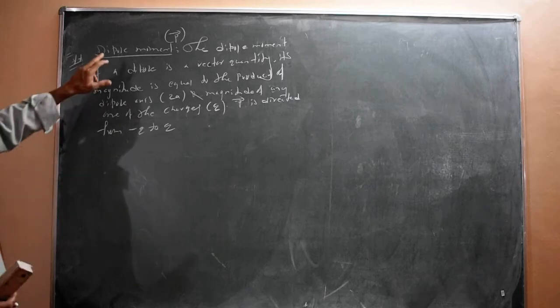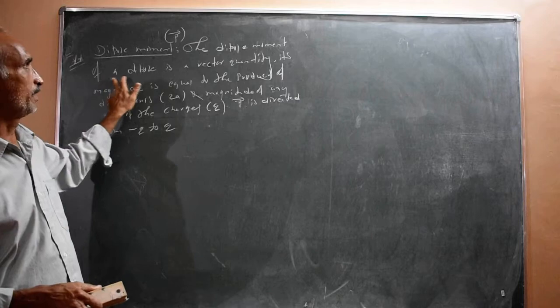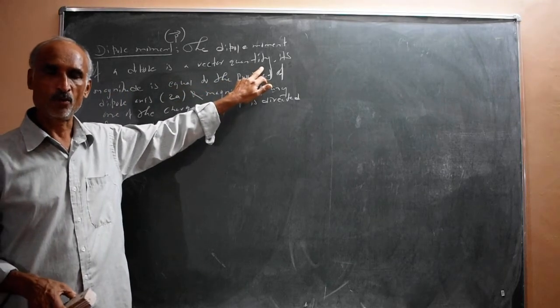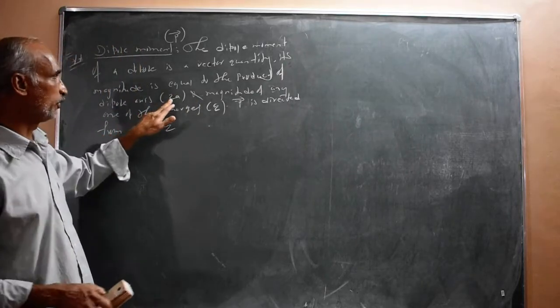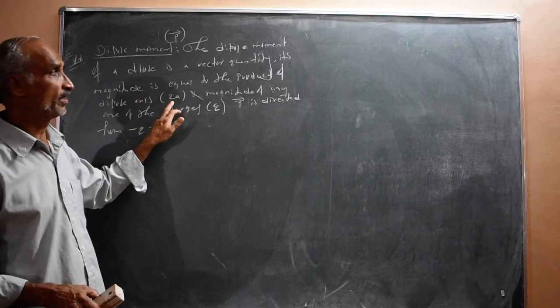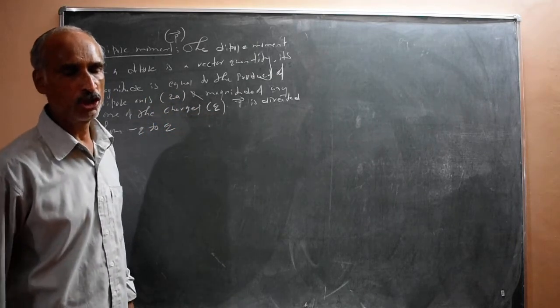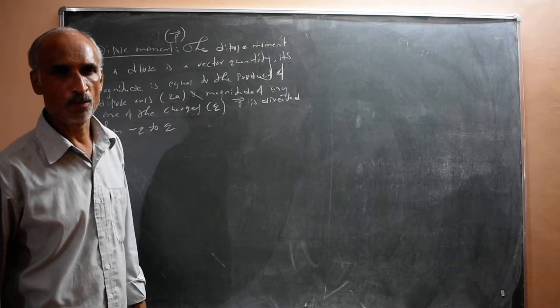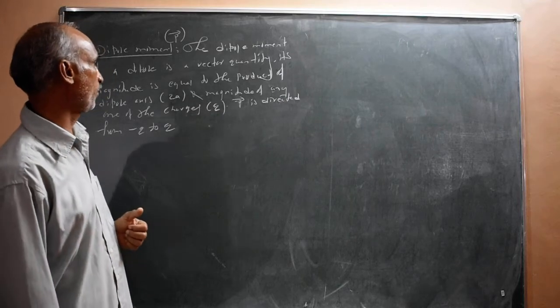In the definition, it is mentioned that dipole moment is a vector quantity, so I have to define both magnitude and direction. The magnitude is the product of the length of the axis 2a and the magnitude of any one of the charges. If minus 3 nanocoulomb and plus 3 nanocoulomb are there, you take only the positive magnitude, 3 nanocoulomb.